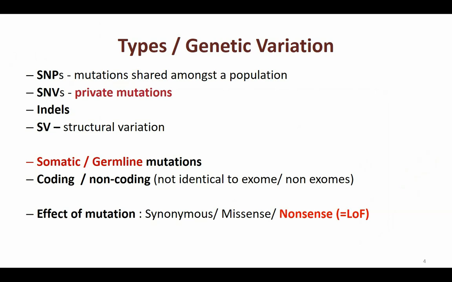such as synonymous, missense, which is a change of amino acids, and the most devastating, usually, not always, by the way, event, which we call loss of function or nonsense, which is stop gain in the gene.